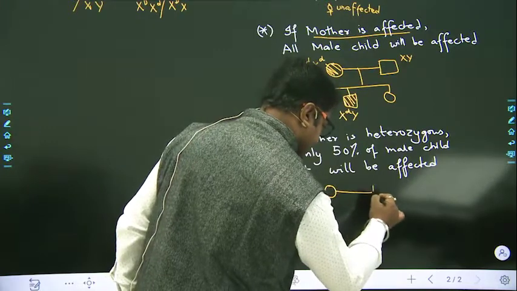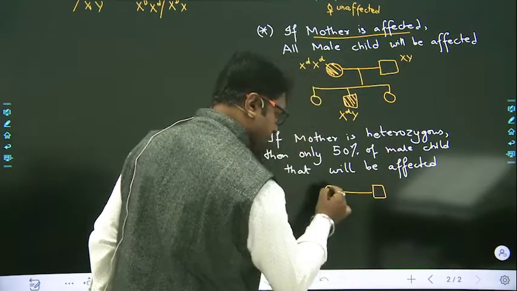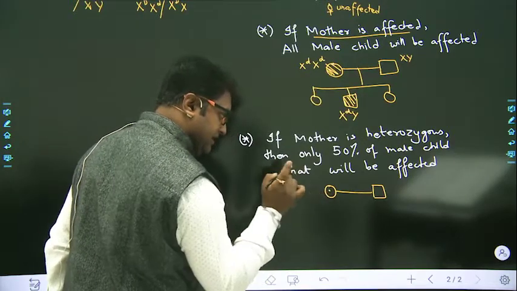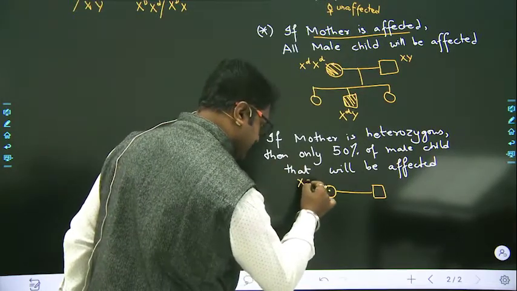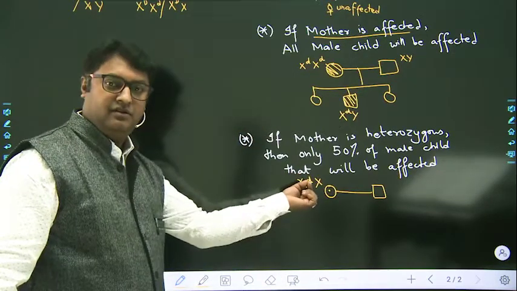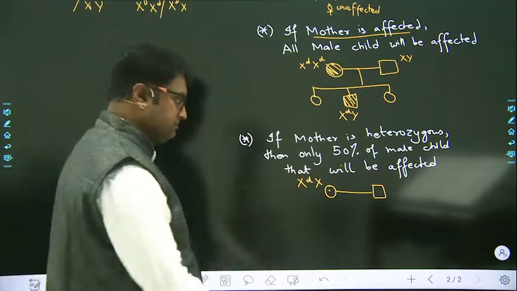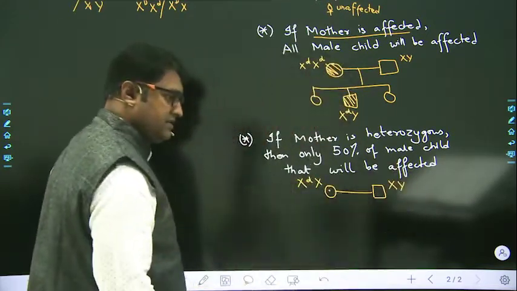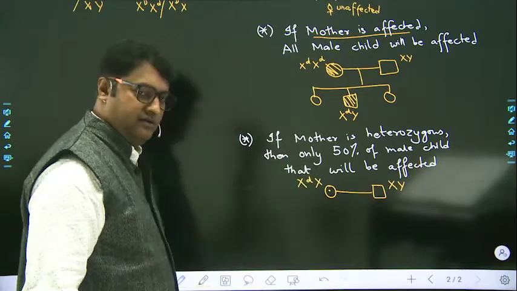Let's see the diagrammatic explanation. So the mother is a carrier, that means it is containing only a single defective gene in the X chromosome, whereas the father is normal.